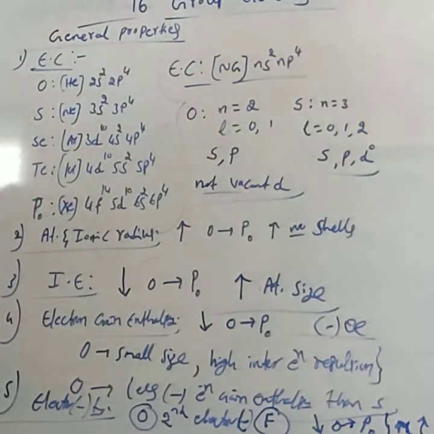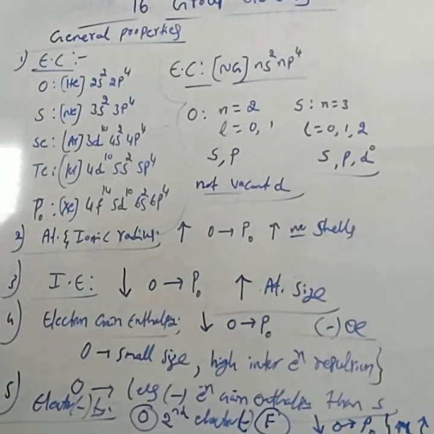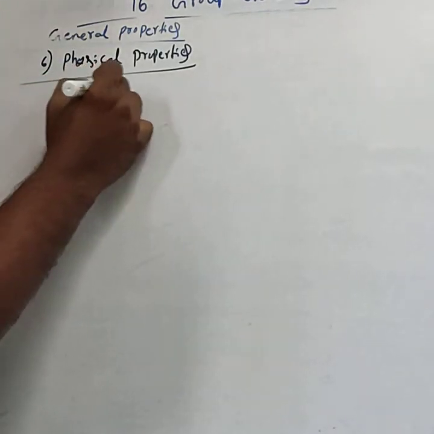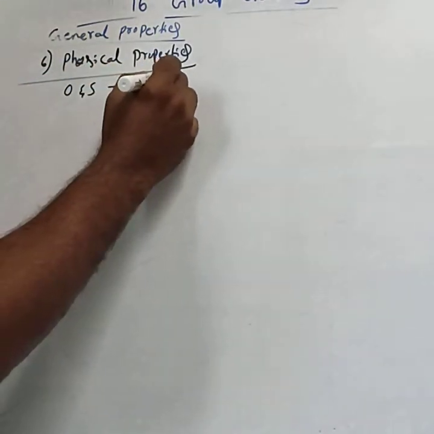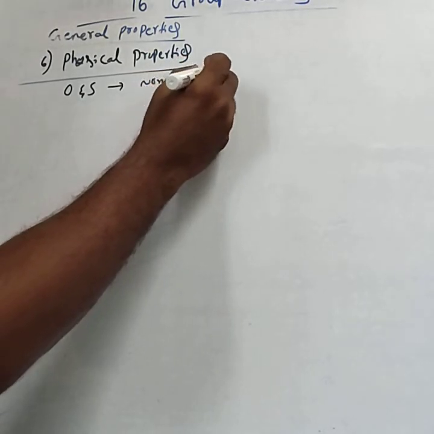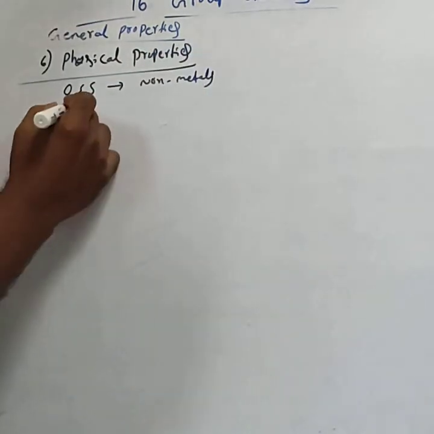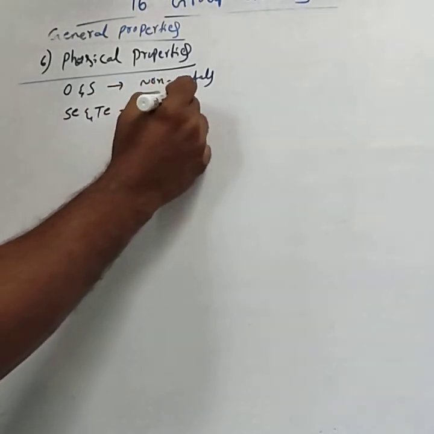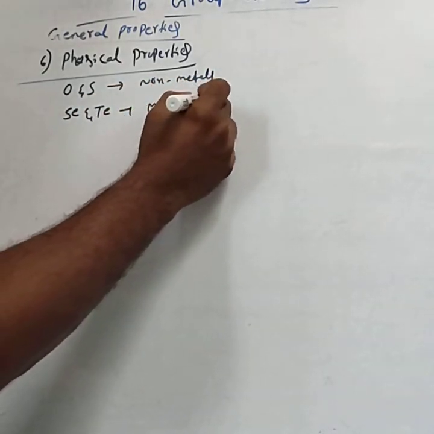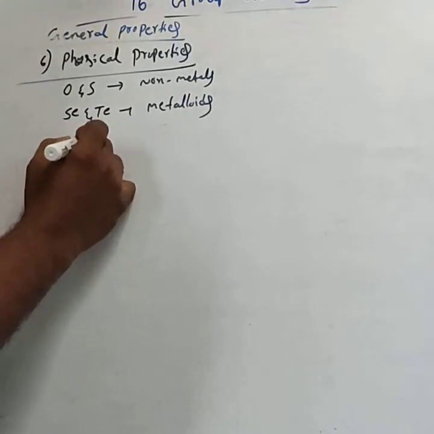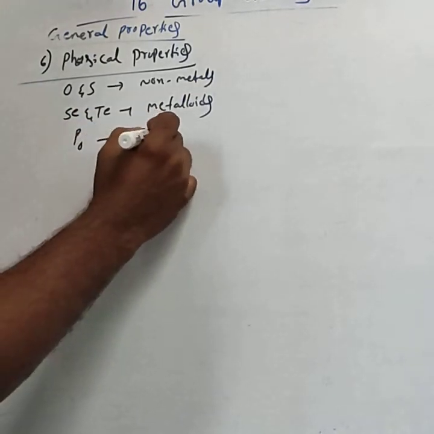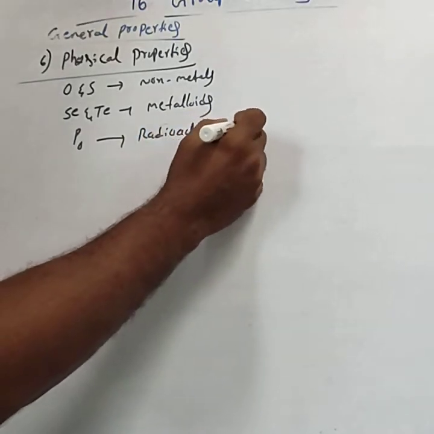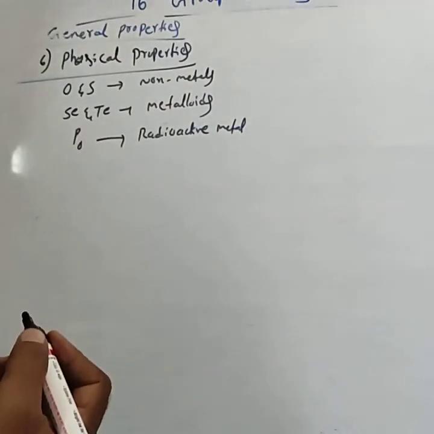Next you study the physical properties. Oxygen and sulfur are the non-metals, while selenium and tellurium are the metalloids, and polonium is a radioactive metal.